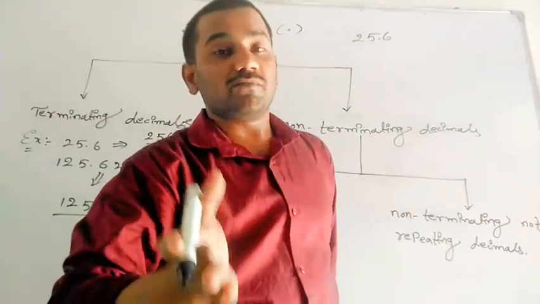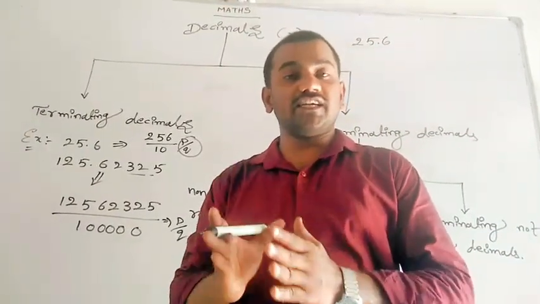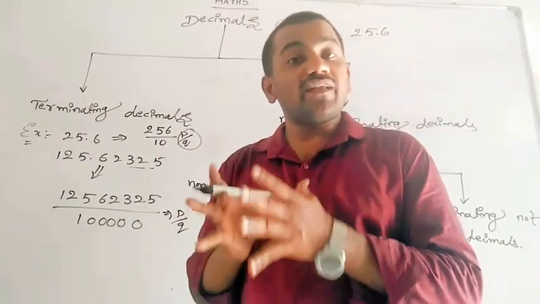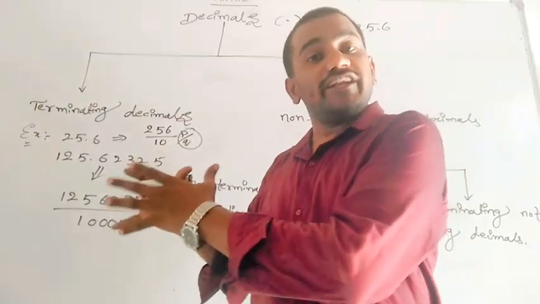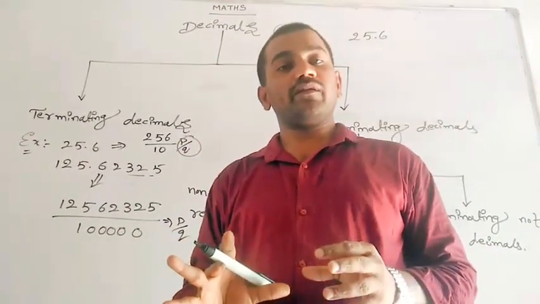So the terminating decimal numbers are those where, after the decimal point, the number of digits is countable, and those terminating decimal numbers can be expressed in the form of p by q.